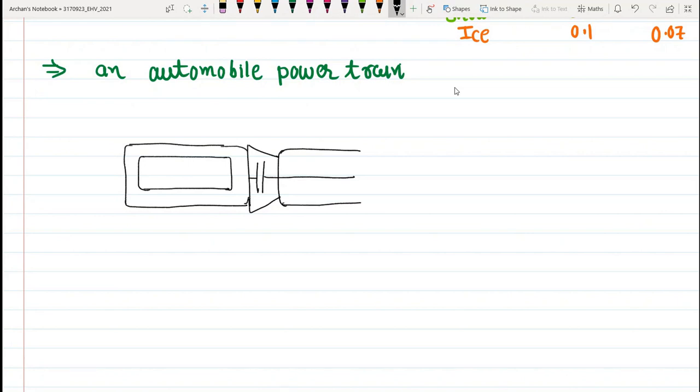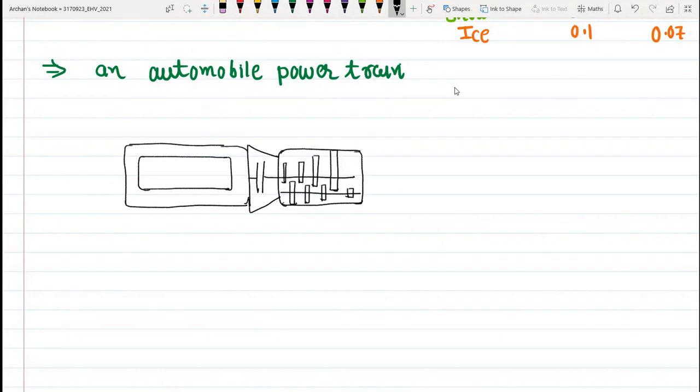Okay, so in this particular box, transmission is going to happen. Okay, now this transmission is nothing but a set of some gears, etc., right? So let us say this is our transmission, like this.